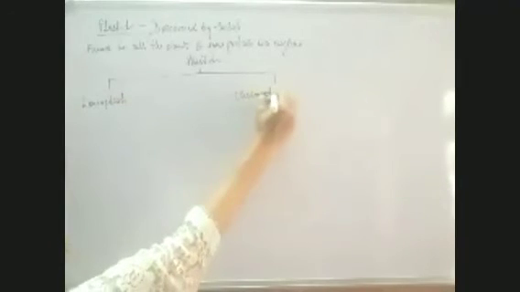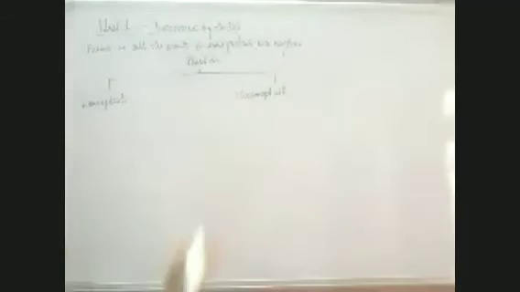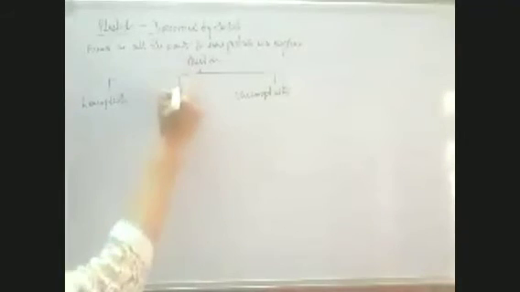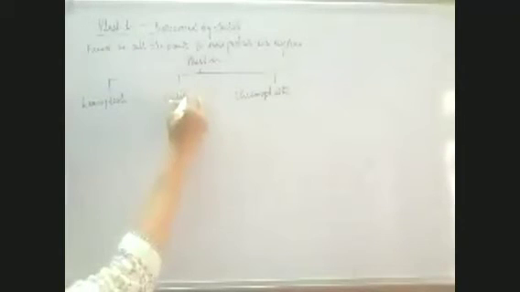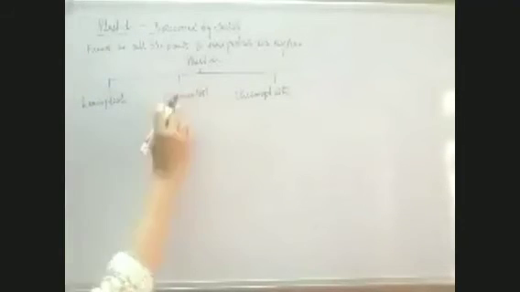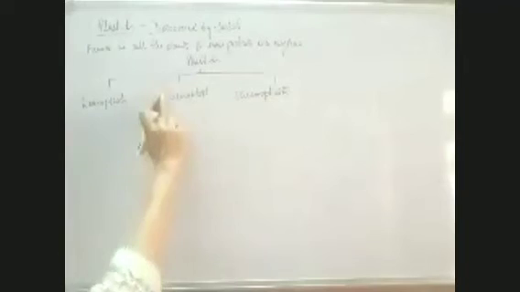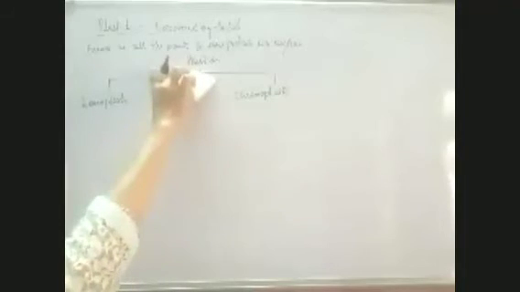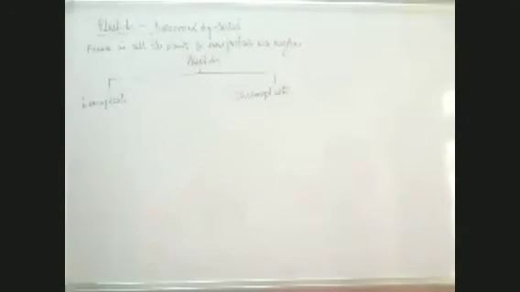In some books, you will find that these plastids are divided into three: leucoplast, chloroplast, and chromoplast. But it is not necessary, because chloroplast also has green pigment, so you can put it under the pigmented plastids only. So here they are either leucoplast or chromoplast.